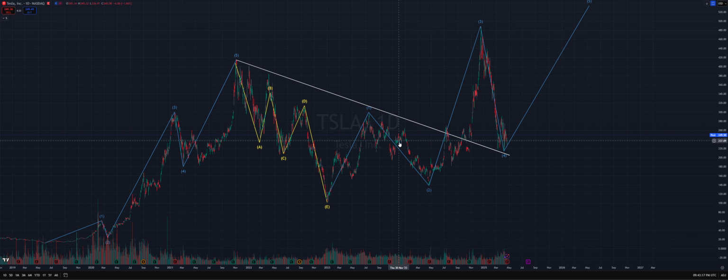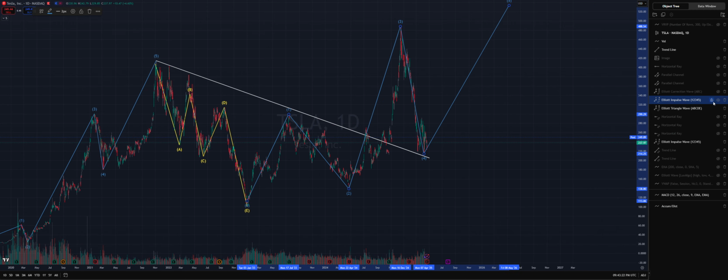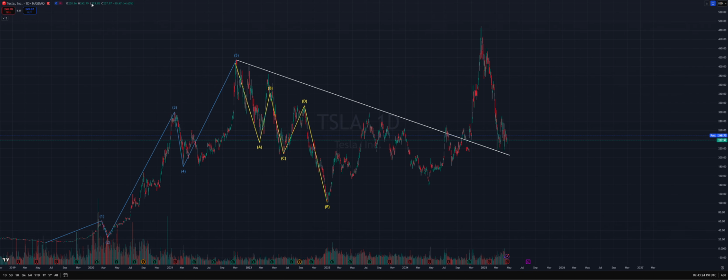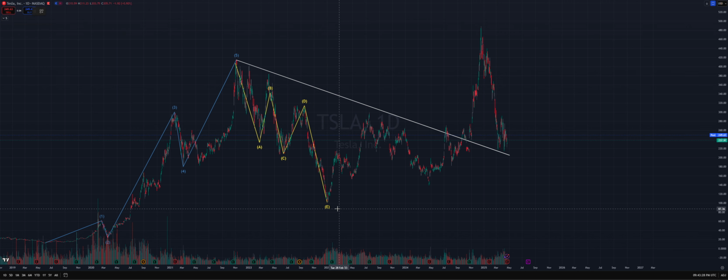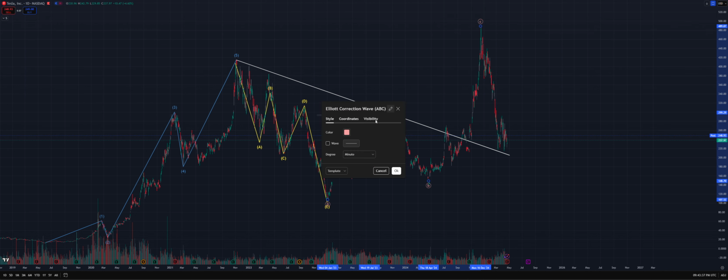Let's just say this entire move here was not a 1, 2, 3, and it was just an ABC pattern. So you have an A, B, you have your C on top here. This was your ABC wave that you had.